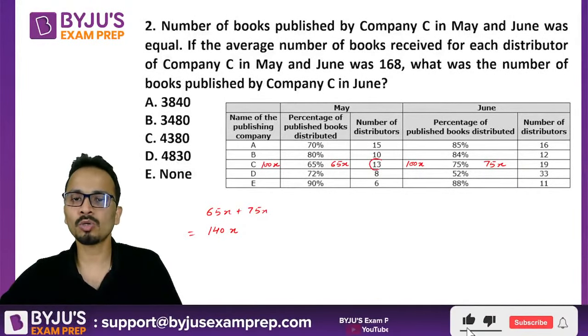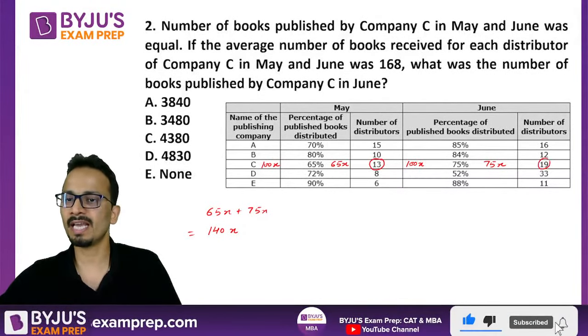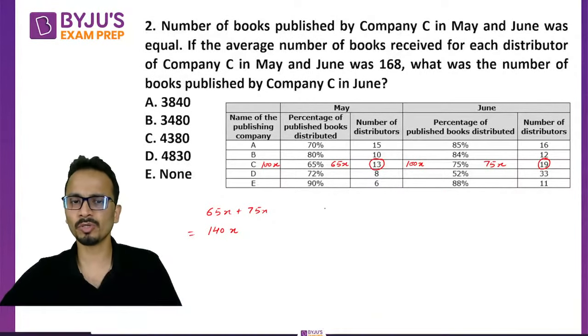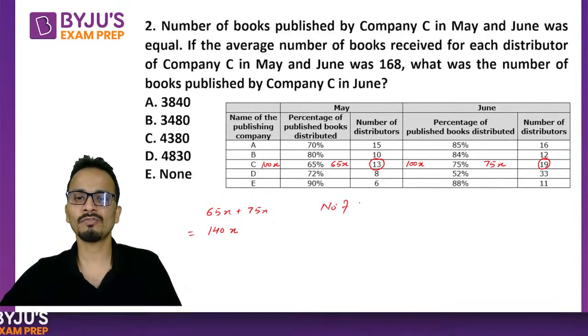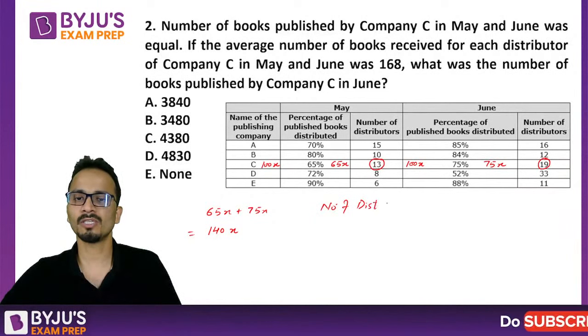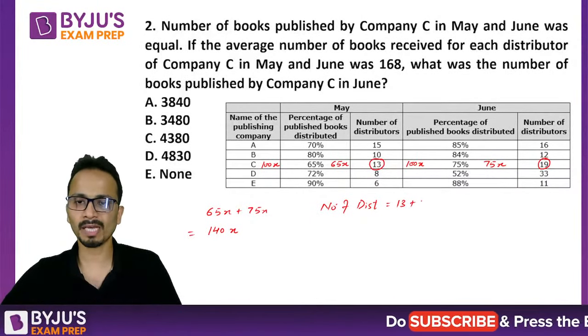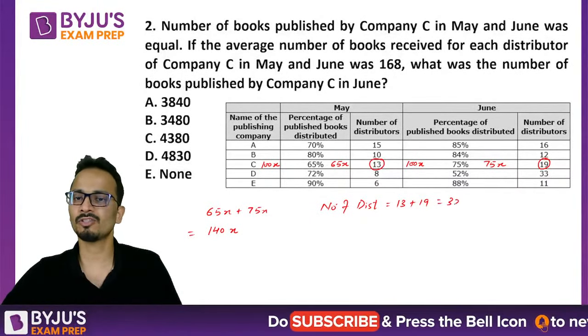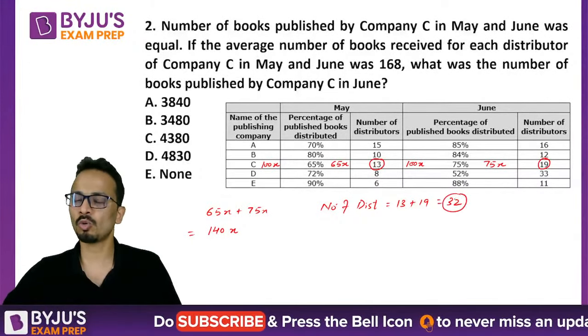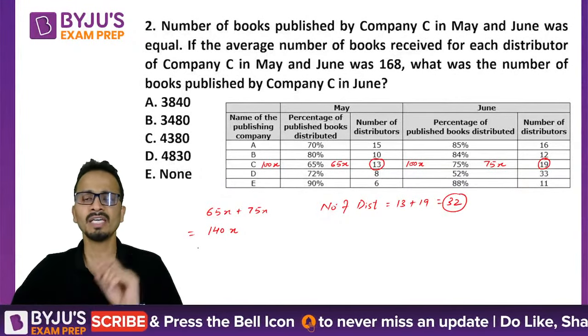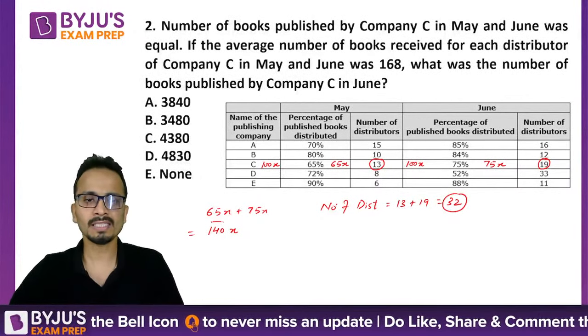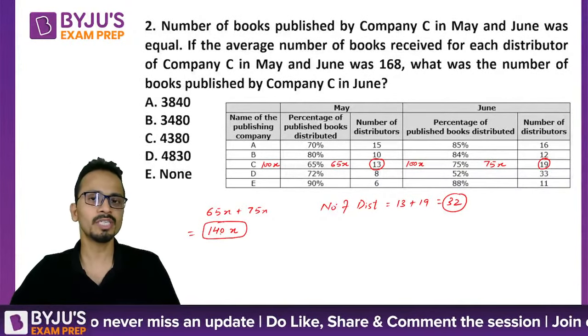Now, what is the total number of distributors that they have? The number of distributors is equal to 13 plus 19, and that is 32. So this is the total number of distributors in May and June, and this is the number of books distributed together.